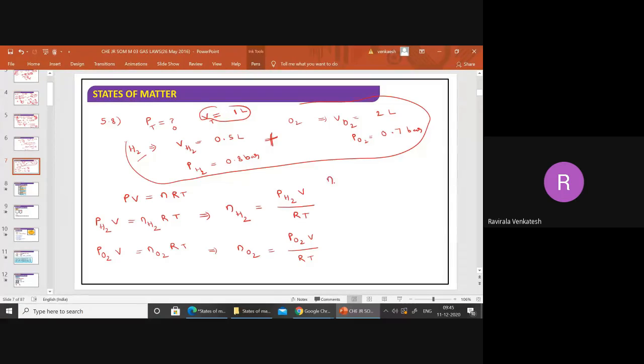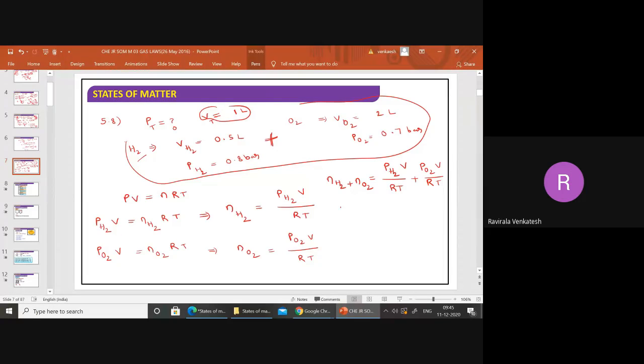Now, number of moles of hydrogen plus number of moles of oxygen is equal to how much, beta? Partial pressure of hydrogen into V by RT plus partial pressure of oxygen into V divided by RT. Now, if we add these two, what we get? Total number of moles.